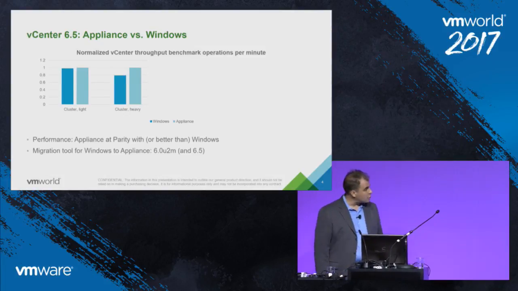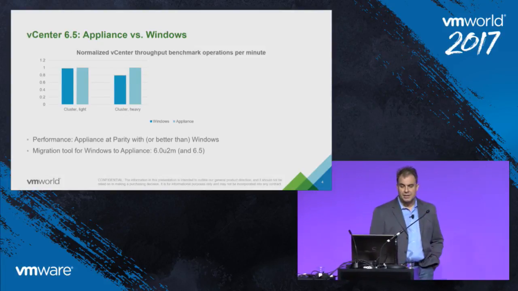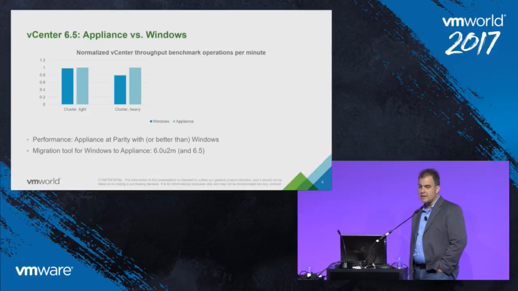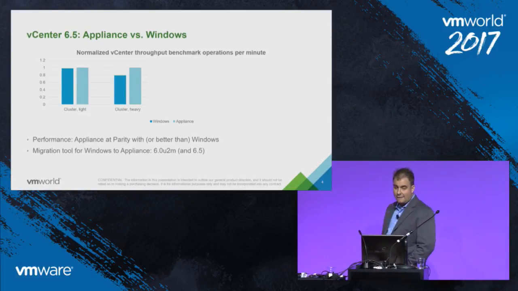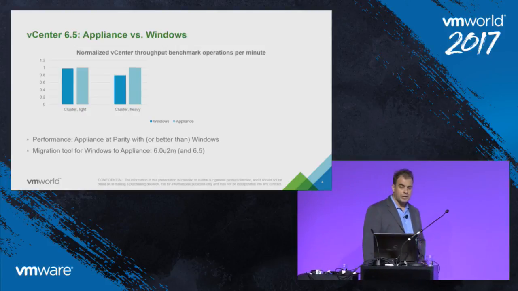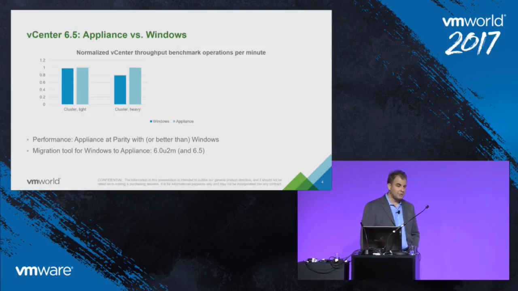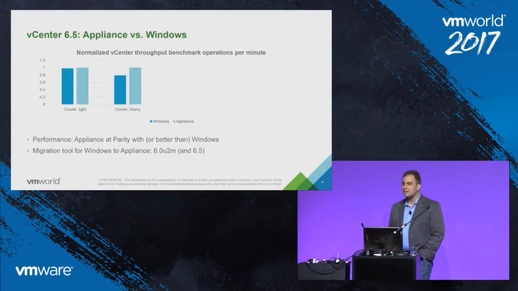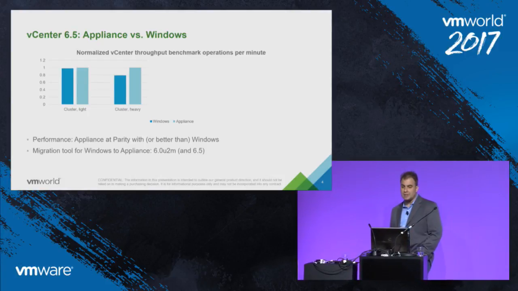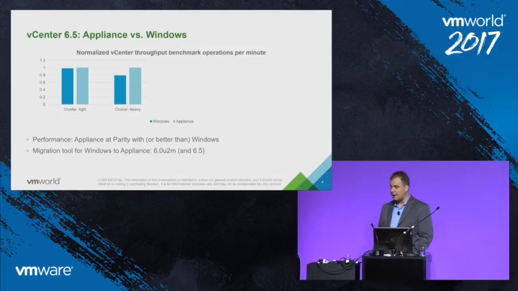And so if you look at what we're showing here, effectively what you see is VC Bench performance. VC Bench is one of our internal benchmarks that we use to characterize and measure vCenter performance. And what you see is performance of VC Bench as run on a cluster of 64 hosts and 8K VMs. At a relatively light load of around 140 operations per minute, we see that the performance between Windows and the appliance is roughly comparable.